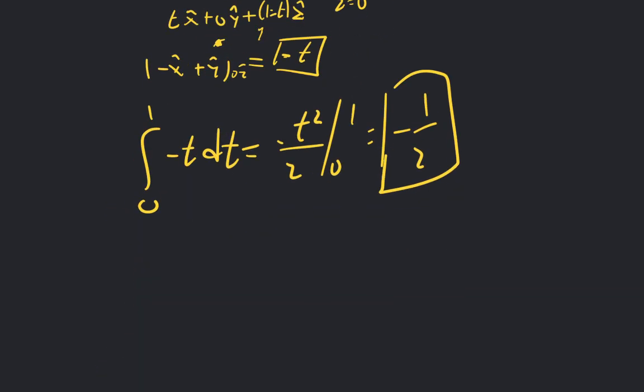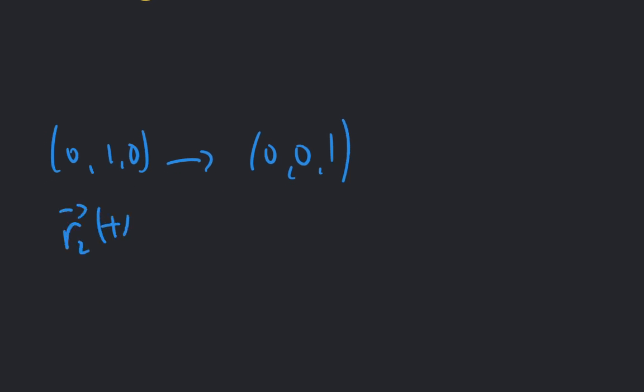Now we have to do our second path, so now we're going to go from (0, 1, 0) to (0, 0, 1), and we call this R2 of t. Now we're going to do 1 minus t for y, and then t for z.